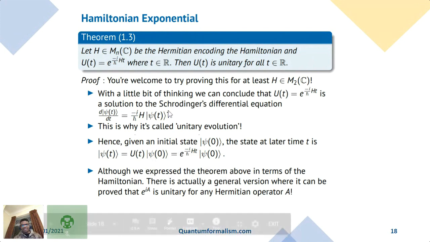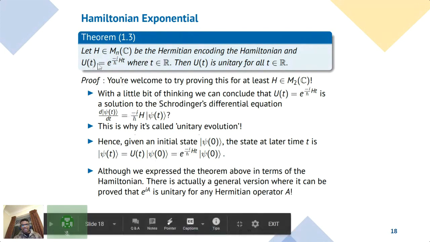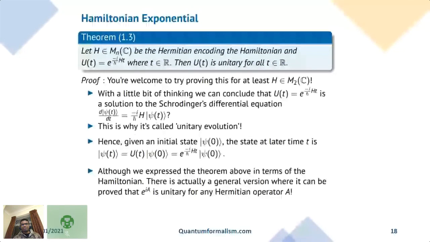Another very interesting thing is that there's a general fact about exponentials of Hermitian operators. If you exponentiate a Hermitian operator with i, you will get a unitary. So the best way to get interesting unitary operators is to find Hermitian operators and then generate unitaries out of them.